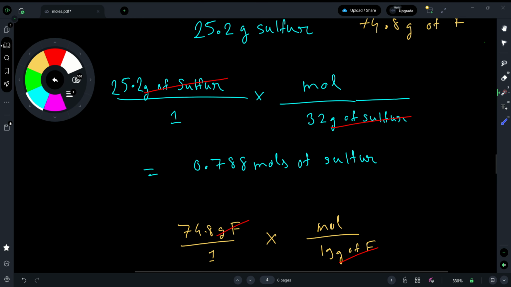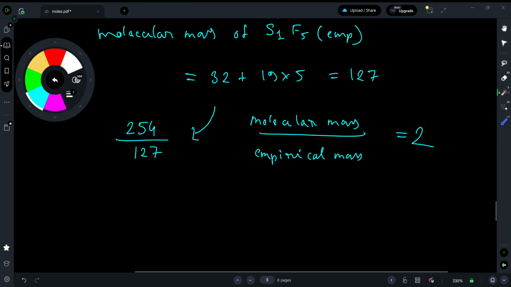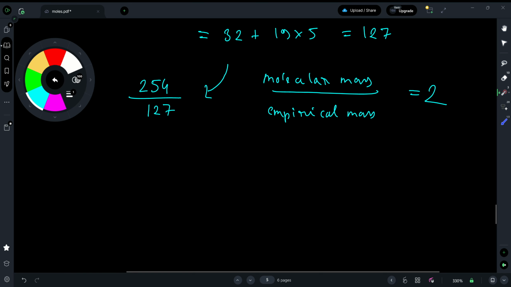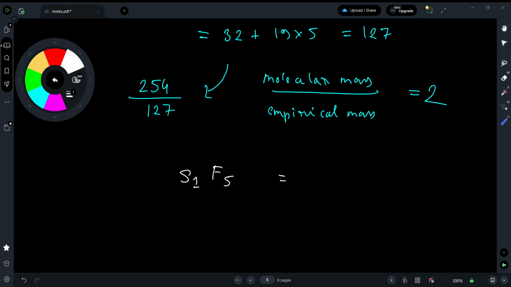So now how do we determine the molecular formula? You just take the ratio of atoms. So we had S1F5, which was for 1 sulfur, you have 5 fluorines.